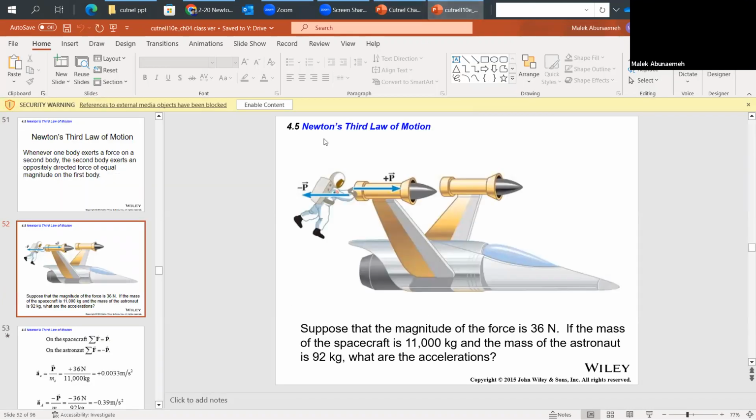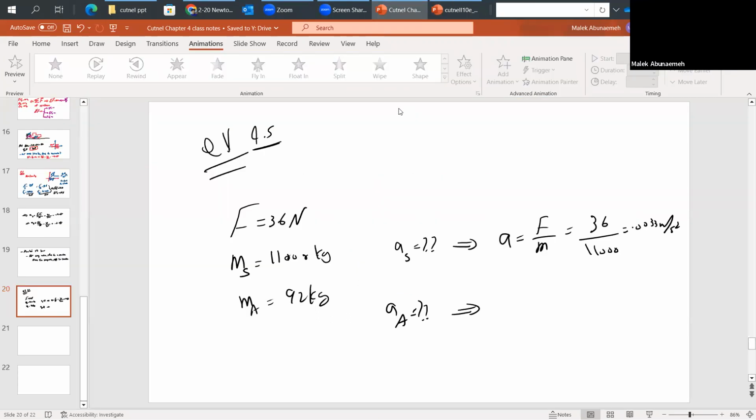This is the first force over here. On the second force, he's pushing it, so he's opposing the motion. So this force is going to be negative. This is for the spacecraft. For the acceleration of the astronaut, it's going to be minus 36 divided by the mass of the astronaut, which is your 92.